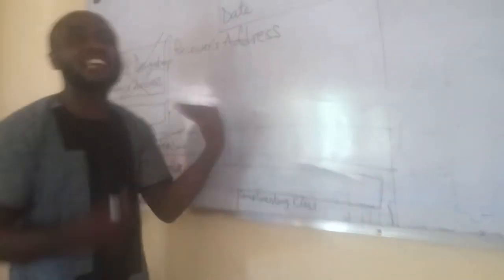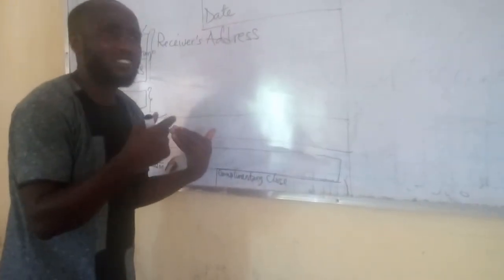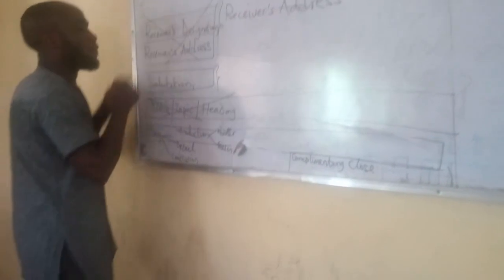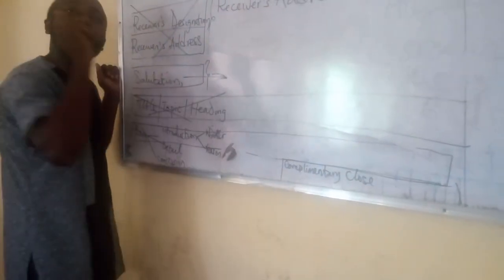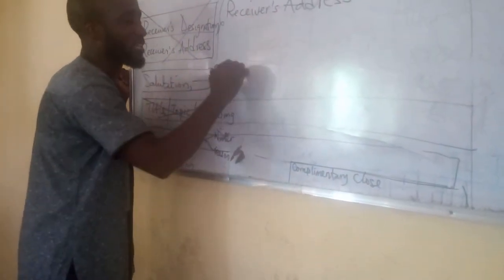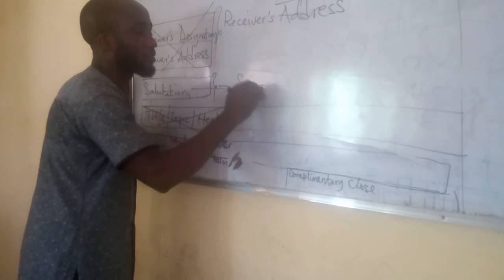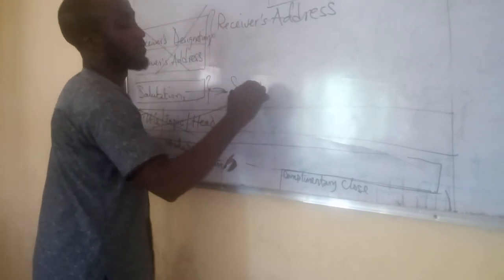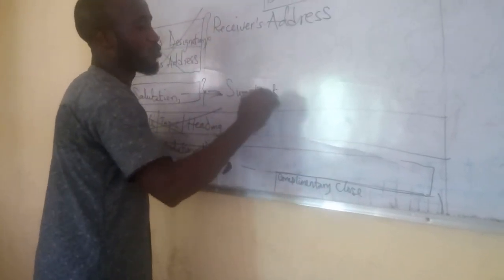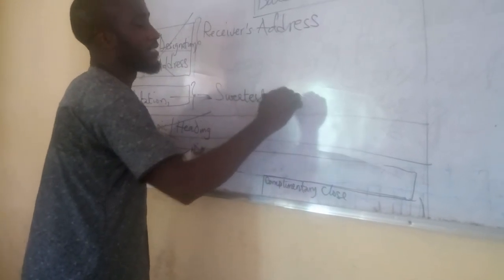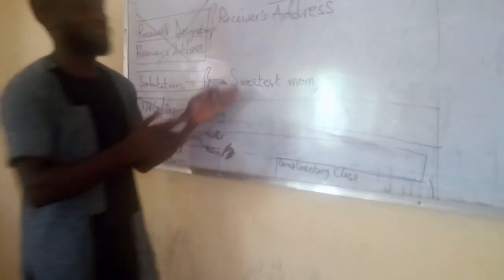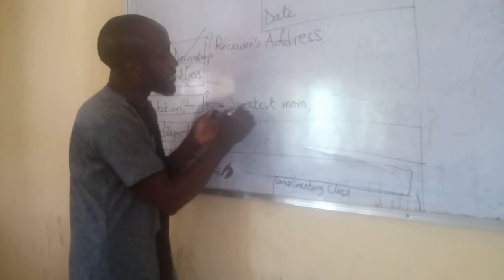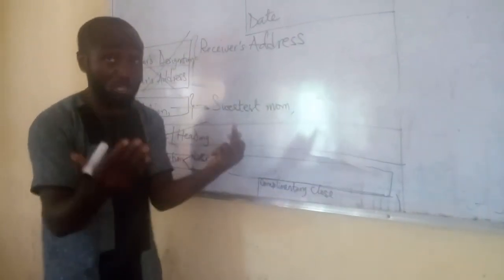When you come to the complimentary close for informal letters, it is just like restating what you stated as a salutation. For an informal letter, if you write it to your mom, you say something like, sweetest mom. I don't need to tell you how to go about it. So now you've said that your mom is the sweetest to you.